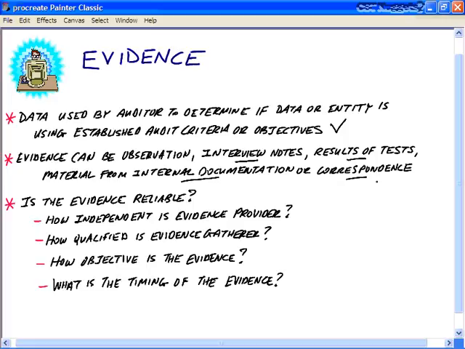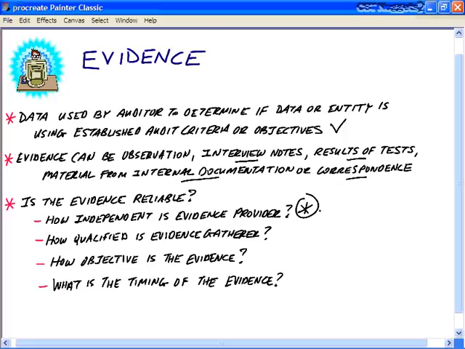Now, we have to ask some questions, of course. Yes, we're observing. Yes, we're taking notes. Yes, we're doing tests. Yes, we're doing interviews. We're looking at documentation, all of these things. But we have to ask some questions. Is this evidence reliable? Because if the process breaks down here in this evidence gathering process, then it can affect the entire audit. How independent is the evidence provider? Is it somebody who's internal? How independent are they? Is it a third-party hired gun?